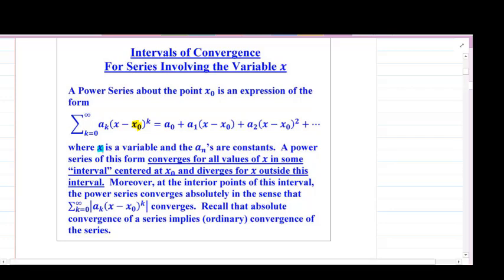The a sub k's, or the a sub n's, are constant values, but they might be different in each term. We want to find the interval of convergence. That is, we want to find values of x for which this thing converges.